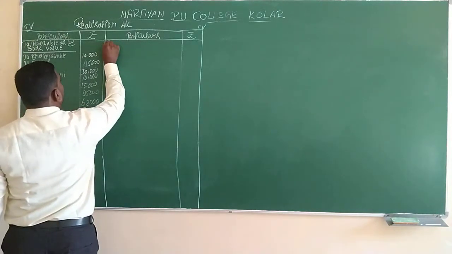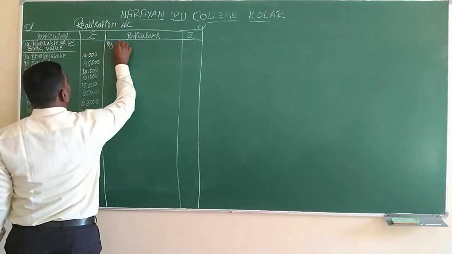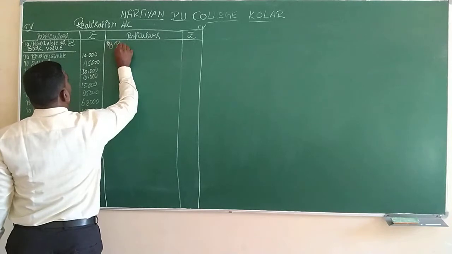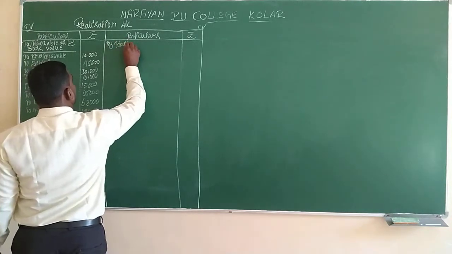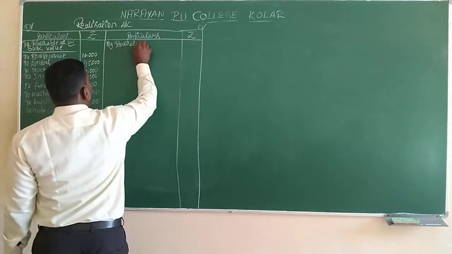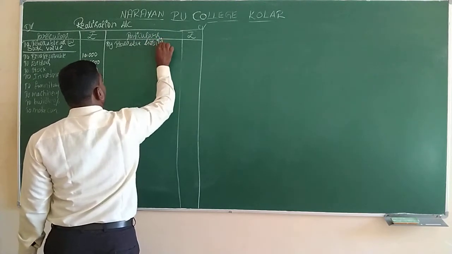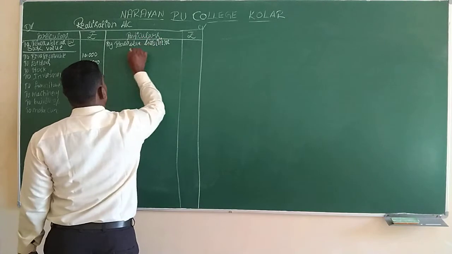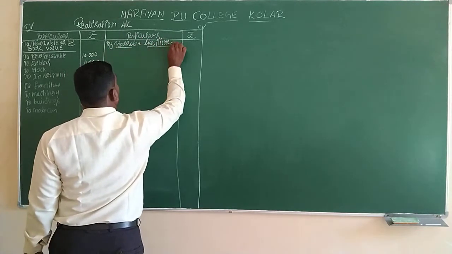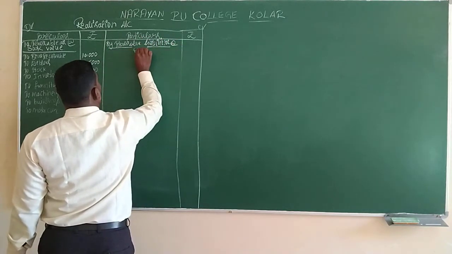We have to note on the credit side: by realizable liabilities at book value.